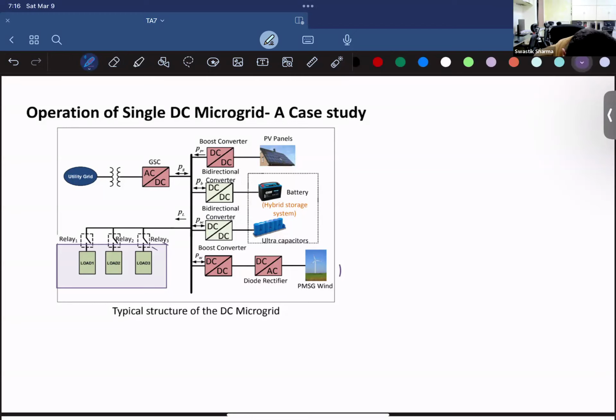Then we have a hybrid storage system. As you can see, we are using a hybrid storage system which consists of two storage elements. One is a battery and the other is an ultra capacitor. Usually your battery has high energy density but low power density.